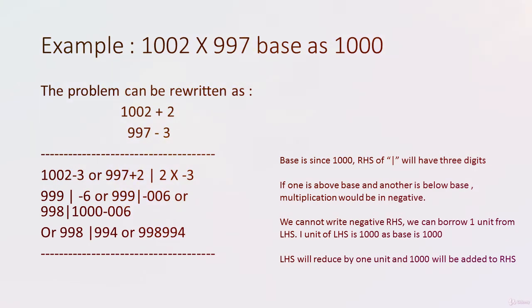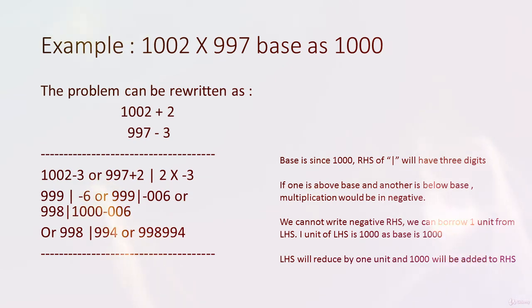In our case, the right hand side portion should have 3 digits, so we will put 2 zeros before 6. So our answer will be 999 for the left hand side portion and minus 006 for the right hand side.